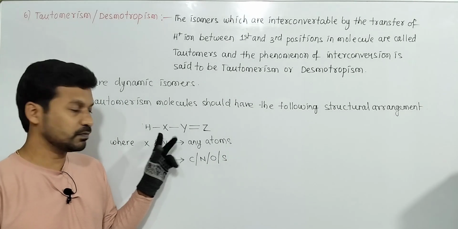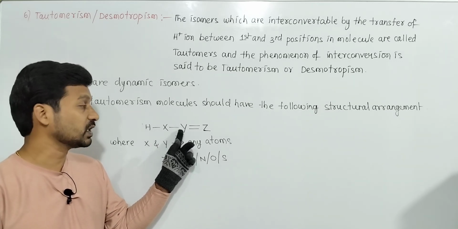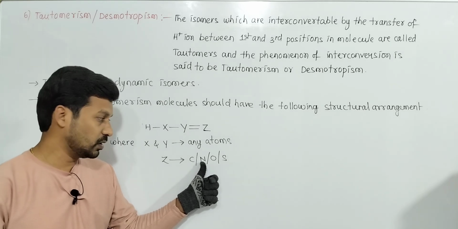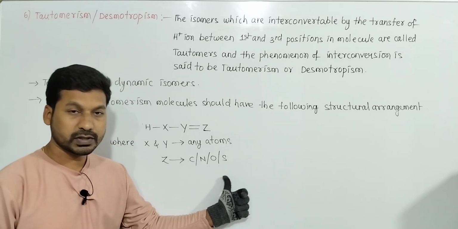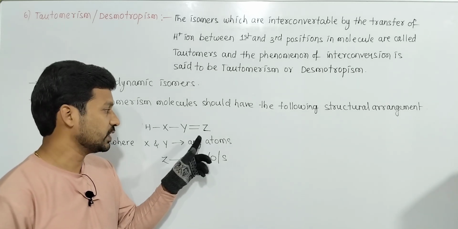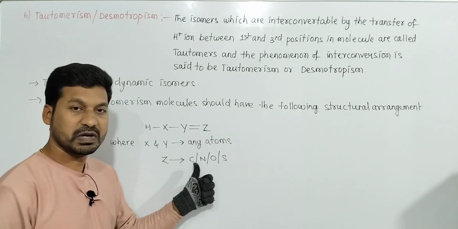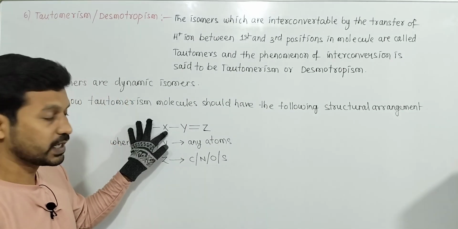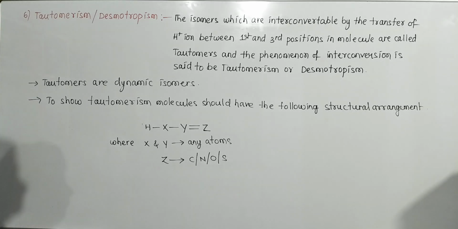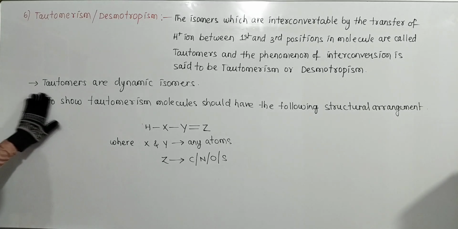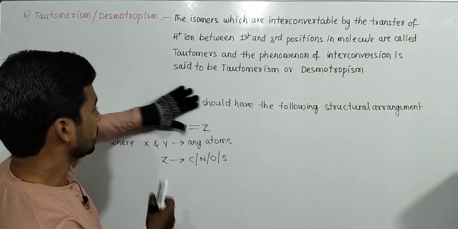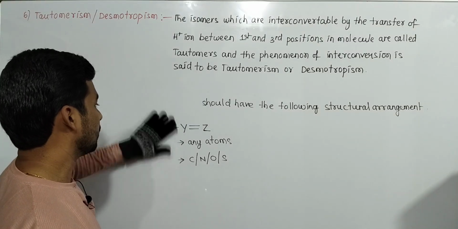So X may be any atom that contains one hydrogen, Y may be any atom that is double bonded with Z atom. Z atom must be carbon or nitrogen or oxygen or sulfur. This is the condition. Molecules which have this molecular structure show tautomerism.